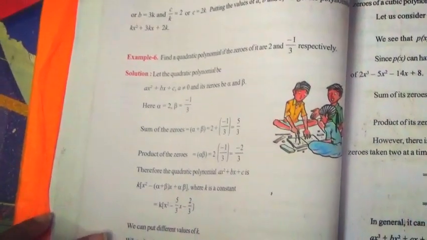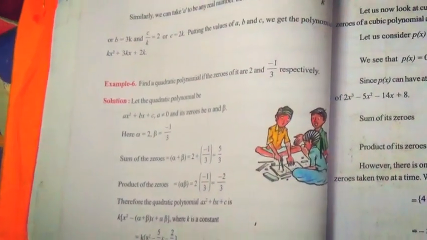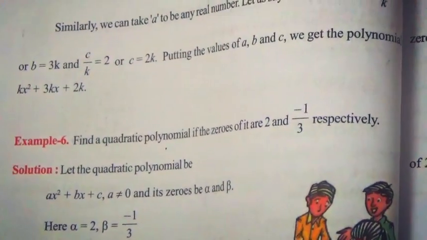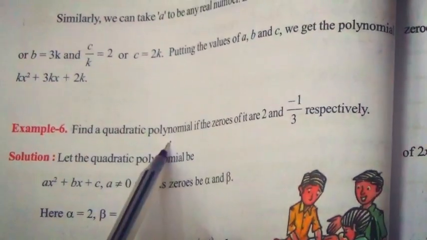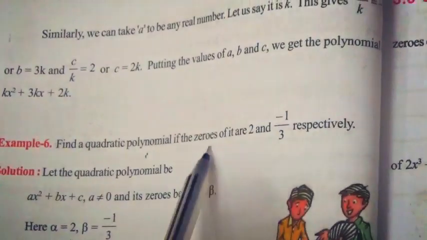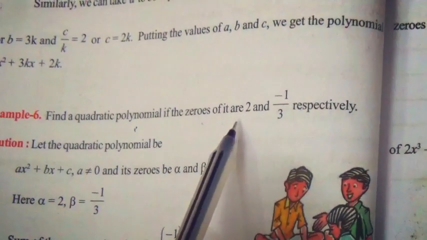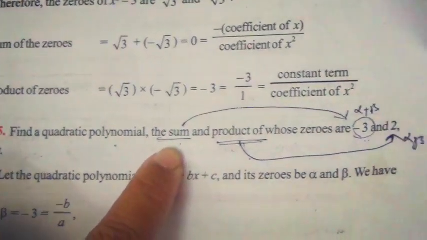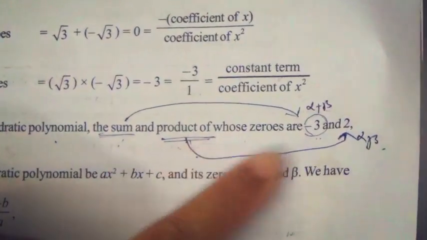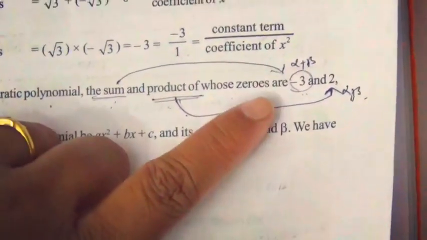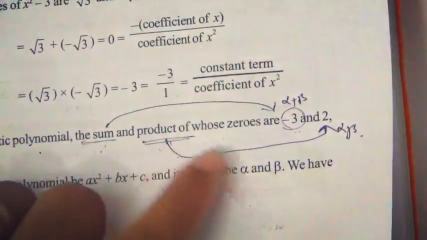Next, example 6. In example 6, find the quadratic polynomial. Again in this sum also we have to find the quadratic polynomial. But look here, he has not given the sum and product of the zeros. In example 5, he mentioned the sum and product of the zeros, that's why we took minus 3 as alpha plus beta and 2 as alpha into beta.